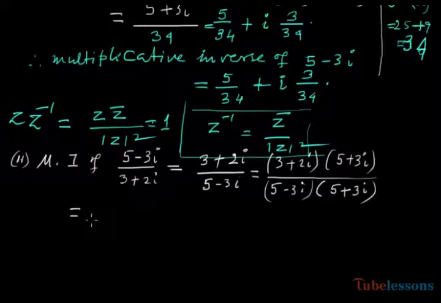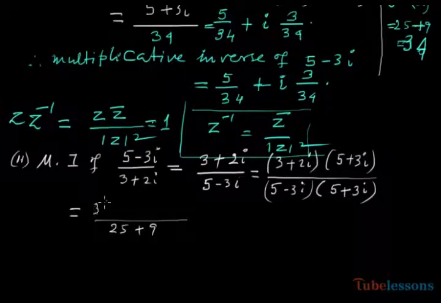Now, the denominator becomes 5 square plus 3 square, that is 25 plus 9, which is 34.